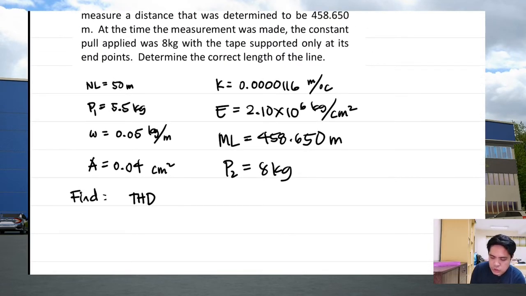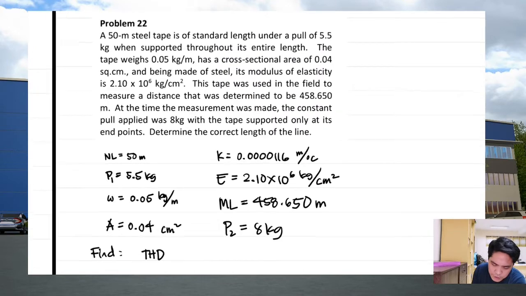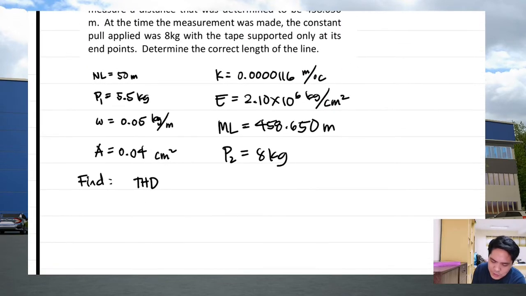Okay. So, what are the corrections that we should apply here? First, we need to apply the correction due to, sorry, not yet, due to temperature, because although we have a coefficient of thermal expansion, it did not mention the change in temperature. So, we don't actually need it. I'm so sorry. So, you don't need to use that.